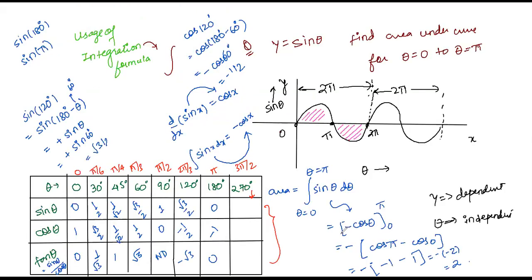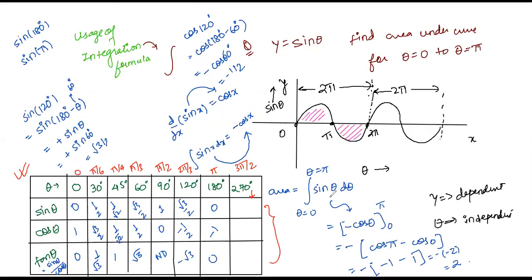Then in today's practice class, we understood how different sine theta, cos theta and tan theta values can be calculated by interconversions. We also understood how to apply the concept of integration by drawing a graph and finding the area under the curve, right?